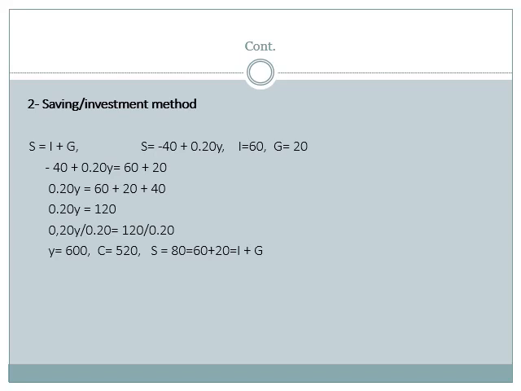So negative 40 plus 0.20y equals 60 plus 20.